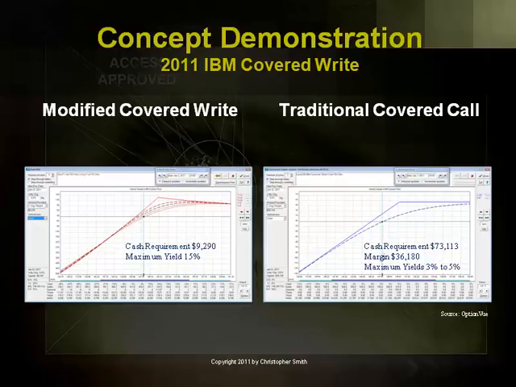But with the covered write, you're using options which provide you with leverage. But the unspoken rule there is that you need to exercise some self-restraint. So either you're going to hold back the rest of the capital in cash, in which case your portfolio-wide yield is going to be a lot less than 15%, or you're going to take that cash that's not being used for the IBM investment and spread it around someplace else.